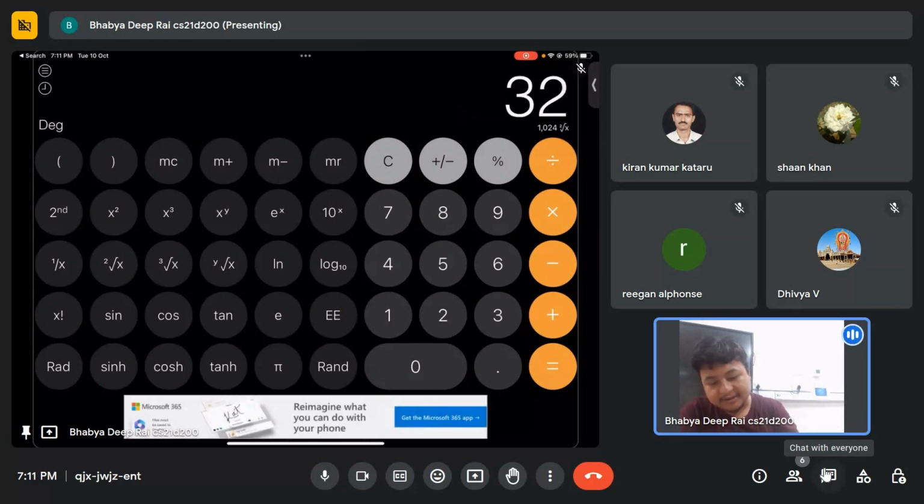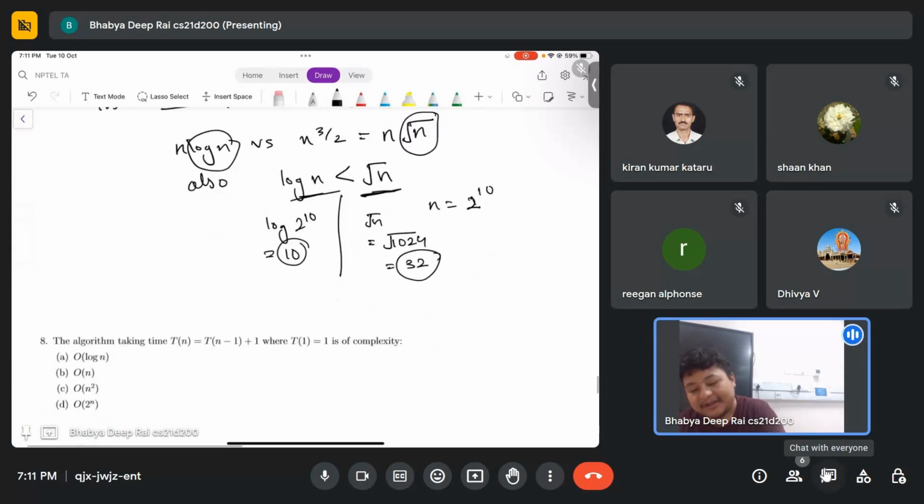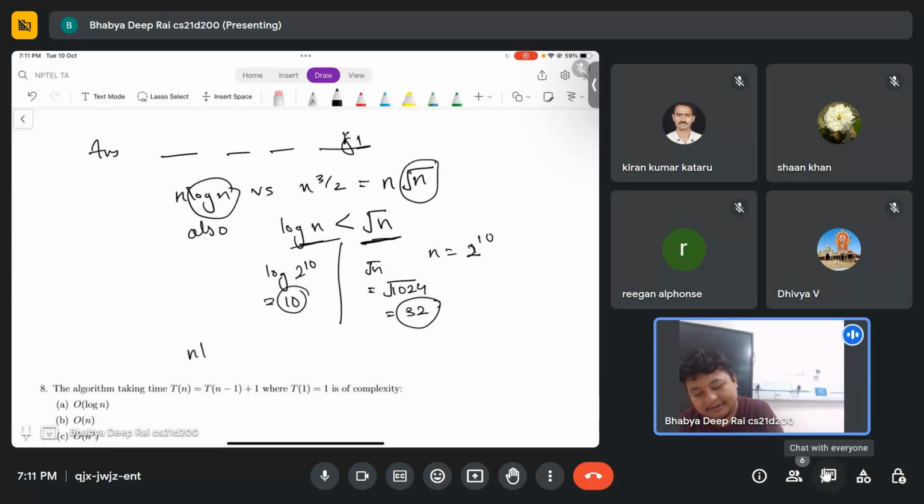The square root of 1024 is 32. So it's already beating it. So obviously root n is asymptotically greater than log n. And here you have a multiplier by n on both sides. Obviously, n log n is less than n to the 3 by 2.